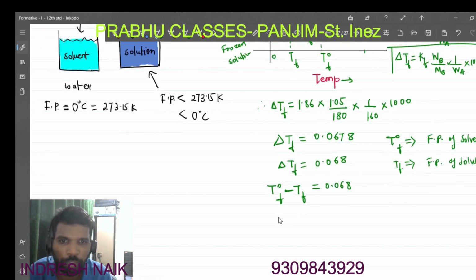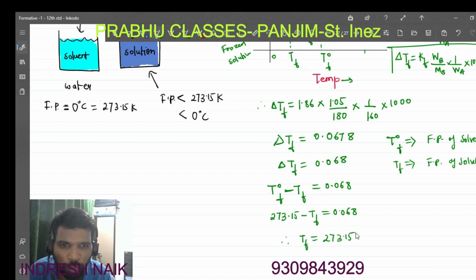So T naught f is the freezing point of water. Water was the solvent, so 0 degree, which means 273.15 Kelvin minus Tf is equal to 0.068. Therefore, Tf is equal to 273.15 minus 0.068.